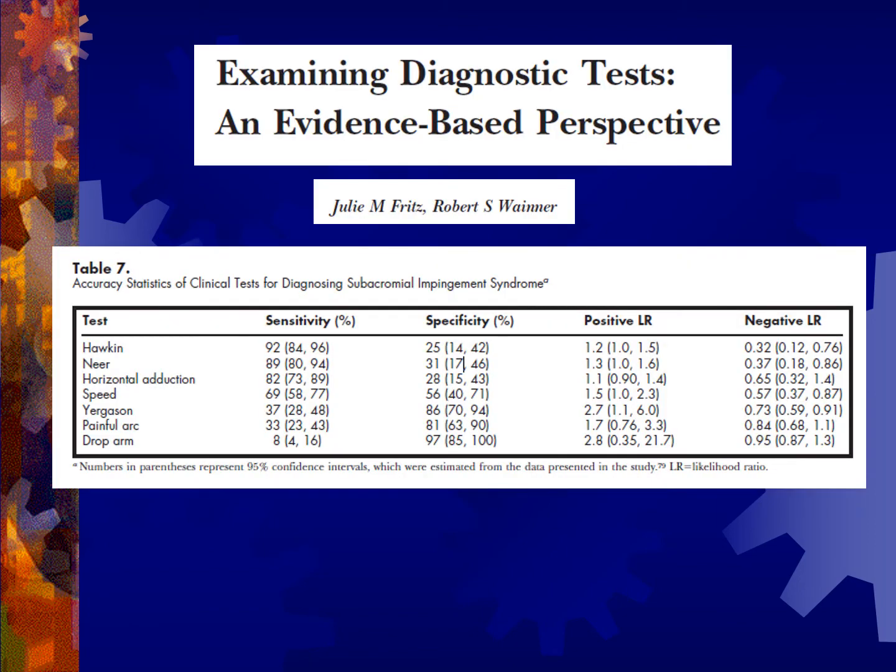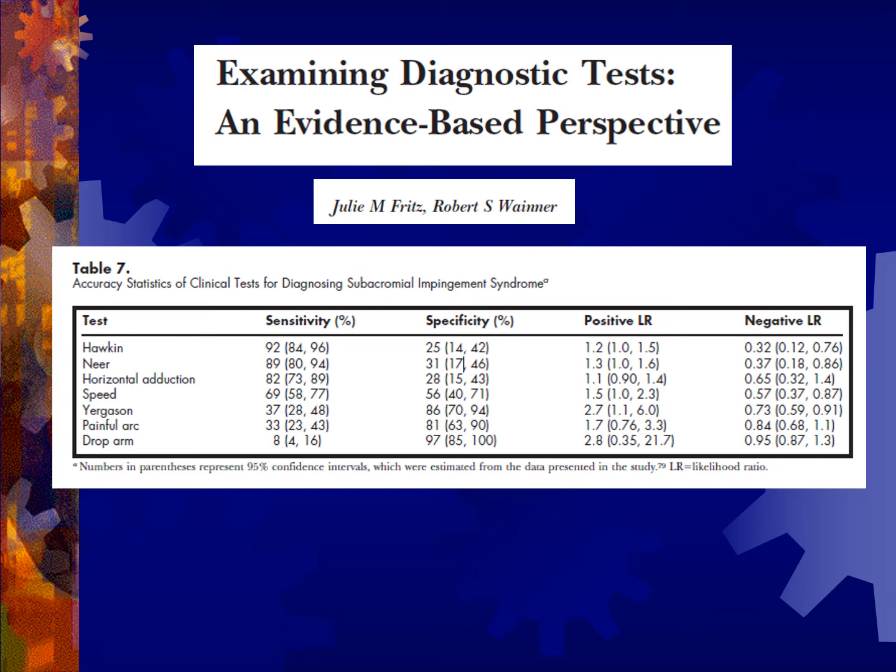So on this slide, we provide a table for you from a paper published by Julie Fritz and Rob Weiner titled Examining Diagnostic Tests, an Evidence-Based Perspective. In this particular paper, they summarized the diagnostic accuracy statistics for several different special tests related to the shoulder that are useful for diagnosing subacromial impingement syndrome.